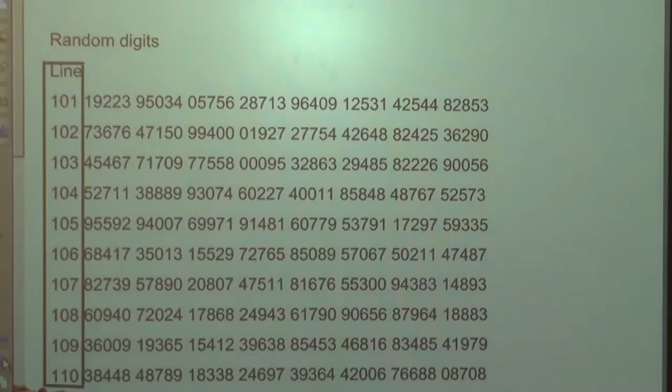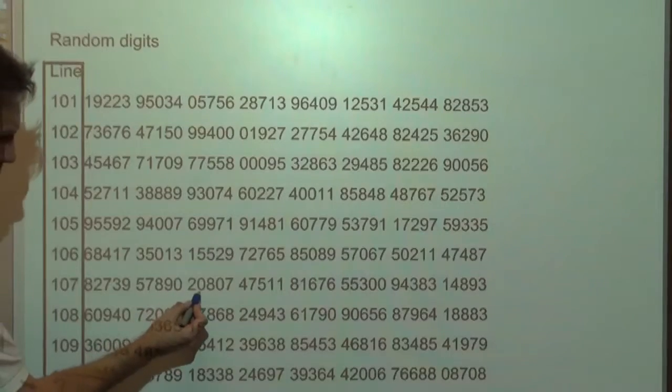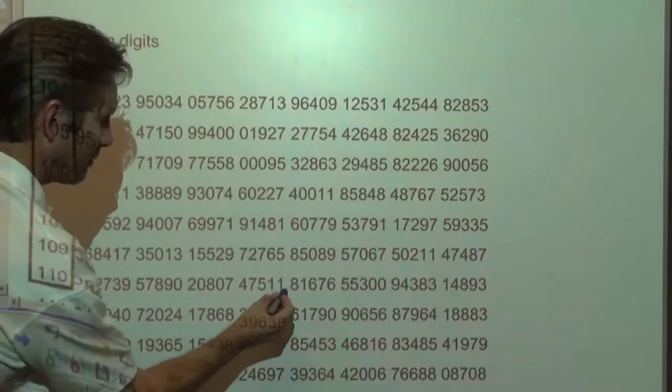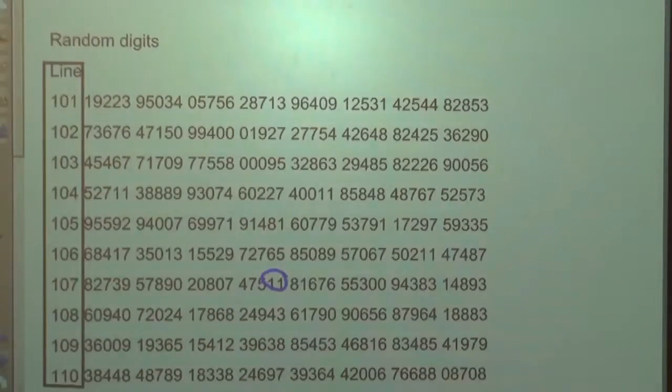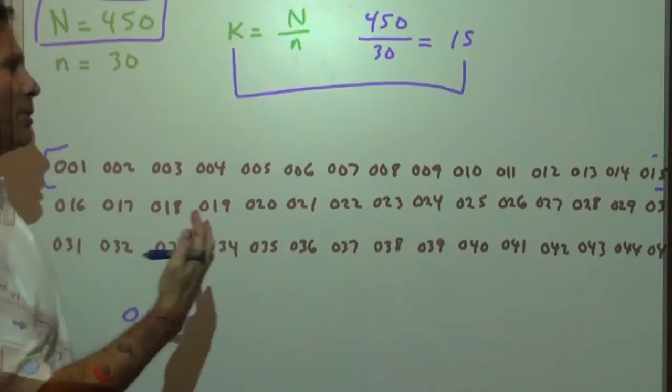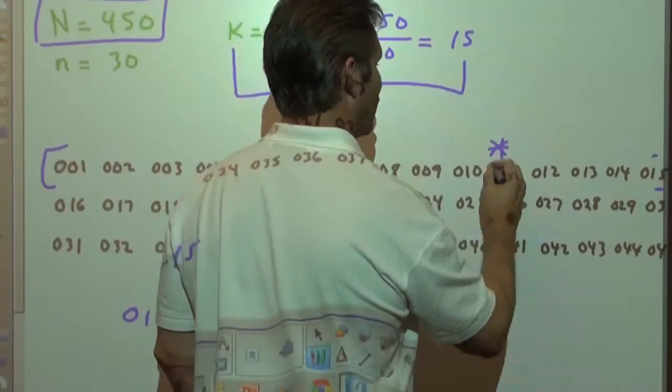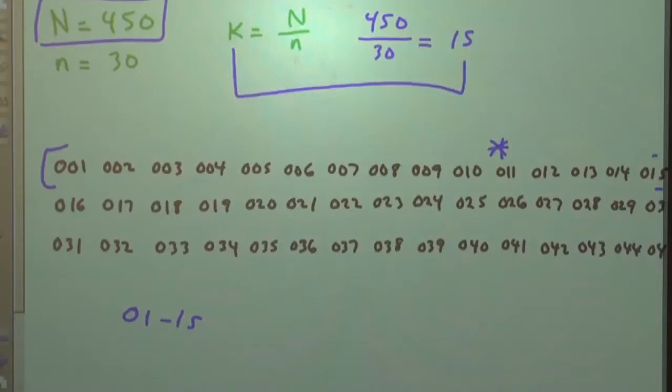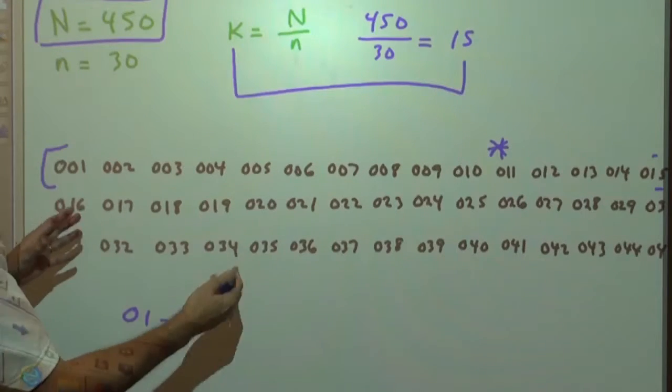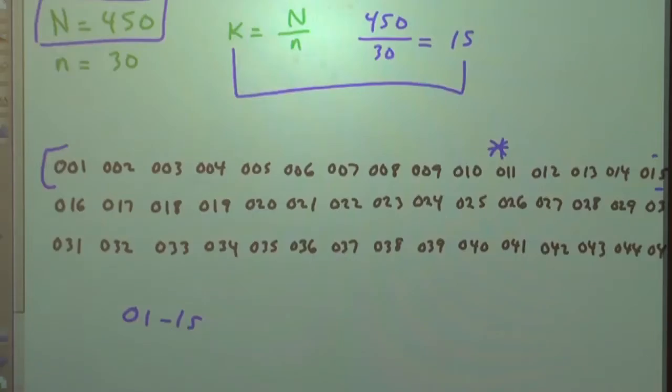So we can go to the random digits table, maybe it's line 7, and we say, no, 82, that's no good, 73, 95, 78, 90, 20, 80, 74, 75, there it is, 11. So we go back here and we say, okay, we randomly selected the 11th person as the person we're going to take off from. So everybody had pretty much an equally likely chance of being part of our survey.